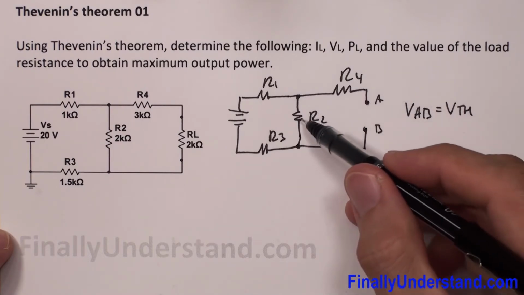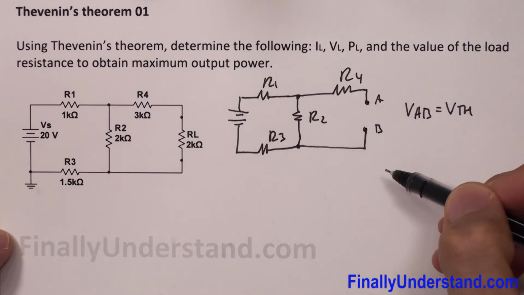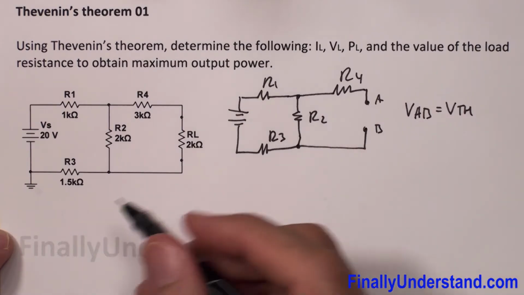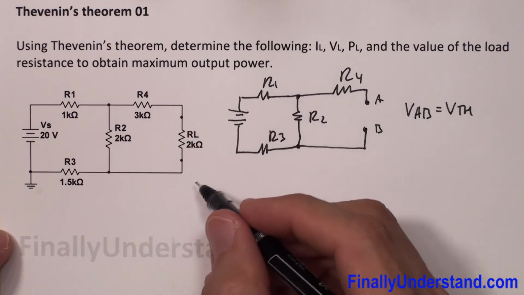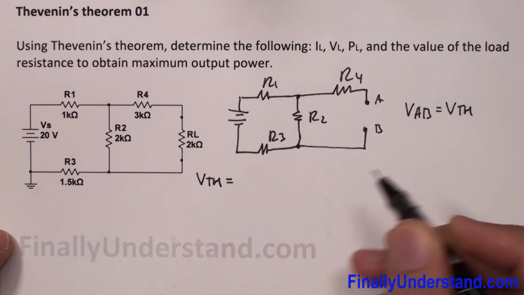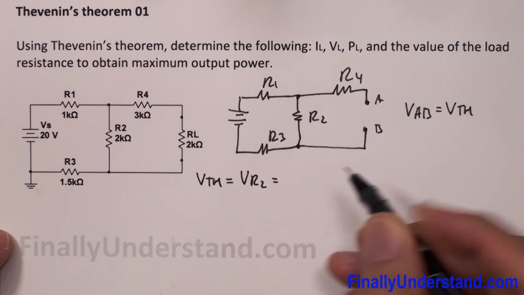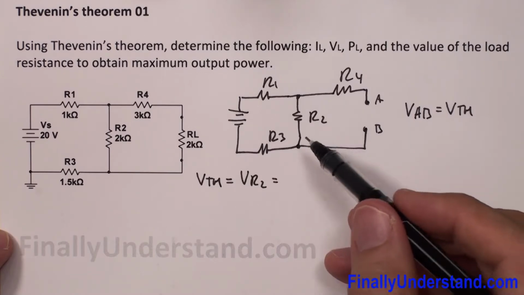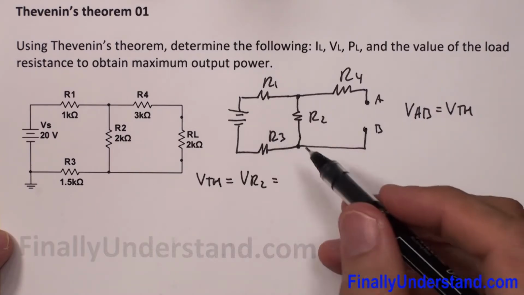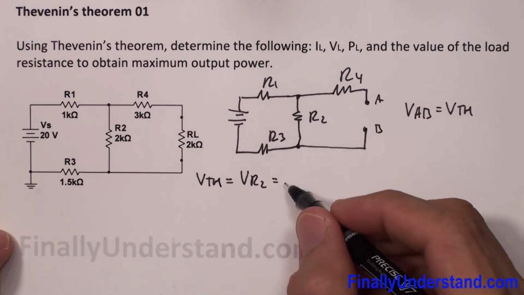So if I find the voltage across this resistor, the same voltage I'm going to have between these 2 points. So I'm going to write that my VTH is equal to the voltage across resistor R2 in this case. And I'm going to use the voltage division law in order to find VR2, or VTH in this case.